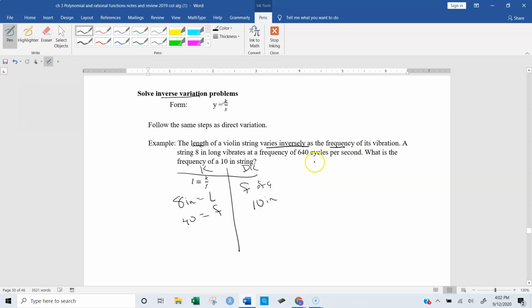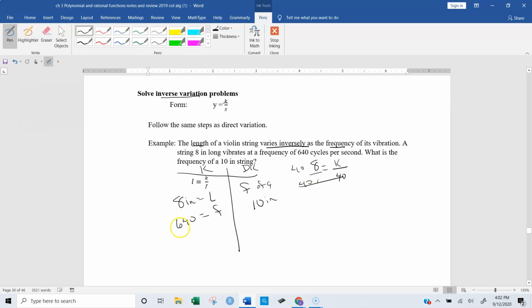All right, so first we've got to create our equation. So I know length is L equals K, which I don't know. Frequency is 40. Common denominator, pretty simple, right? So you're going to multiply by 40. And 8 times 40. Oh, shoot.